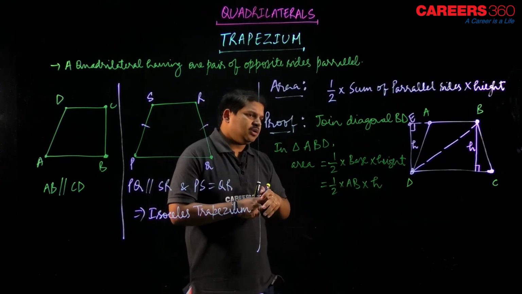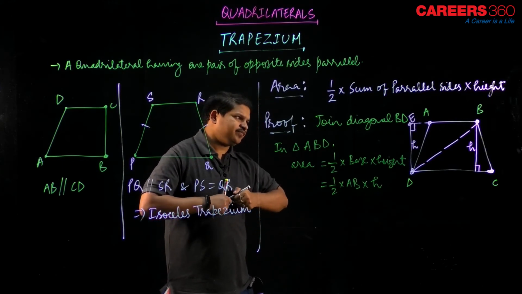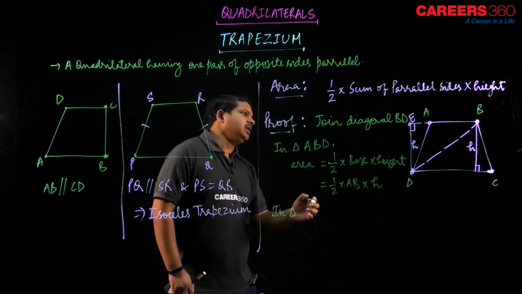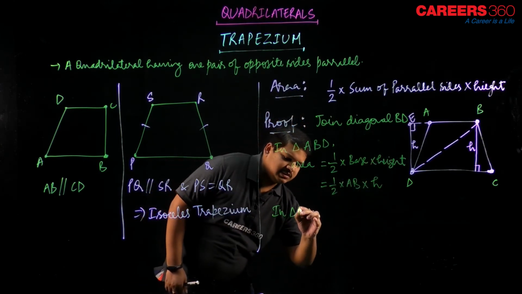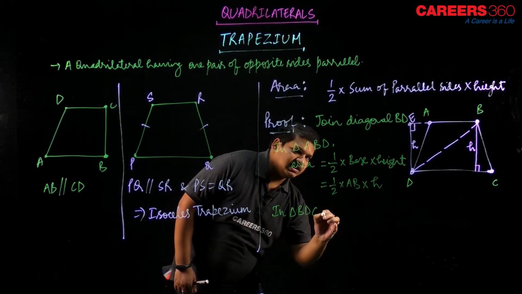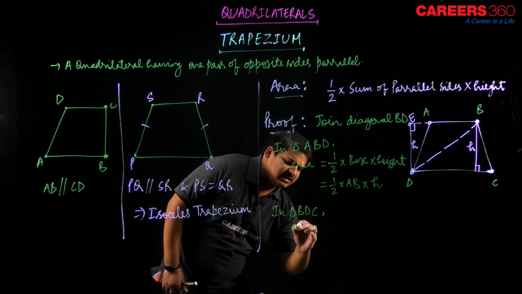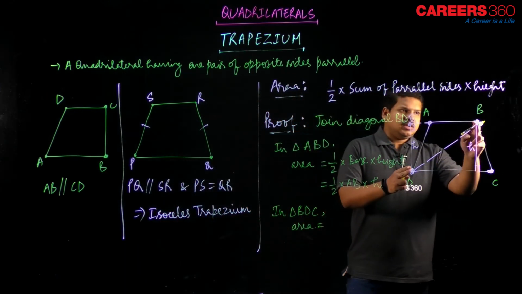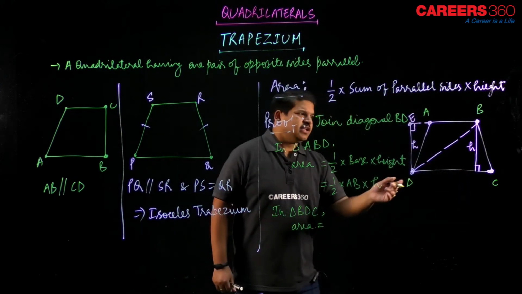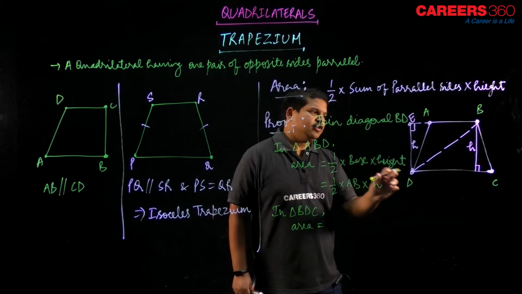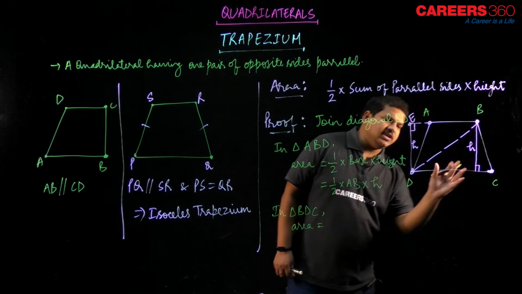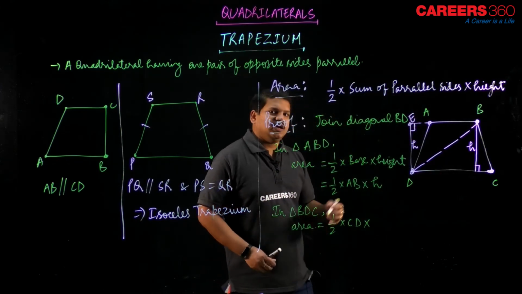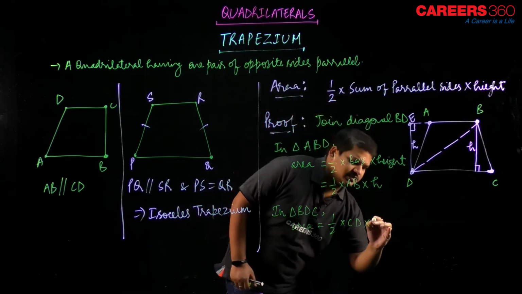Now in triangle BDC, the area, if I go with the same formula, half into base into height: the base in this case will be CD, so half into CD, and my height would be h again.